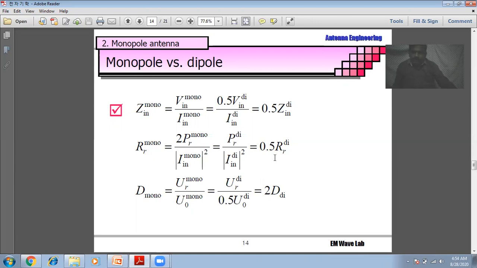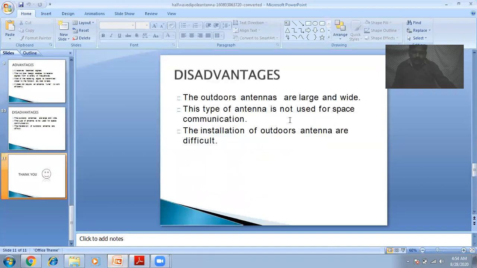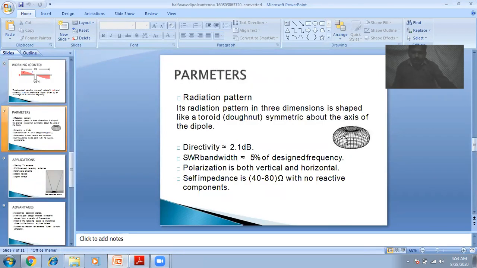The radiation pattern of the monopole antenna is also half that of the dipole antenna. Previously we saw the radiation pattern of the half-wave dipole. Since the monopole is only half of the dipole, the lower portion is assumed to be kept inside the ground and only the top portion is present.